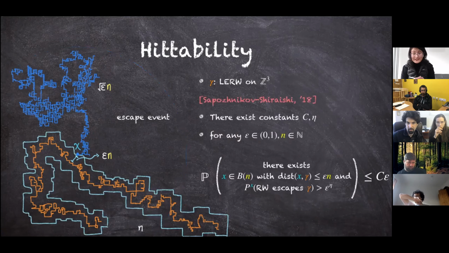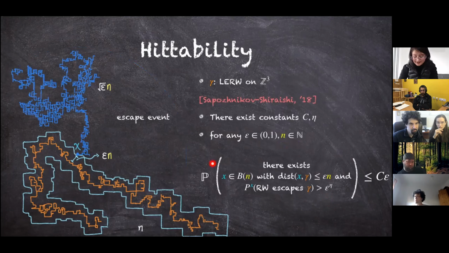And this is a very useful estimate of Artem Sapozhnikov and Daisuke Shiraishi, where they prove that, uniformly in n, you cannot find an x so that there is a good chance for the random walk to escape.